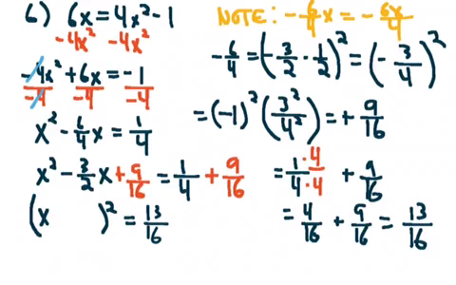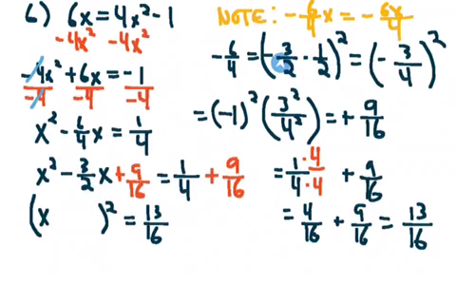13/16. Now, what do you think we need to add or subtract in here to factor this side of the expression? Hopefully you realize that it's still exactly the same as it was before, whereas what we add to complete the square is going to be half this squared. That's what we did up here.